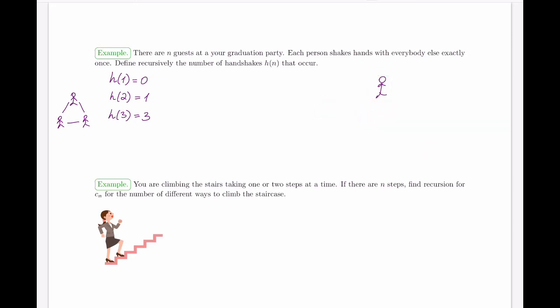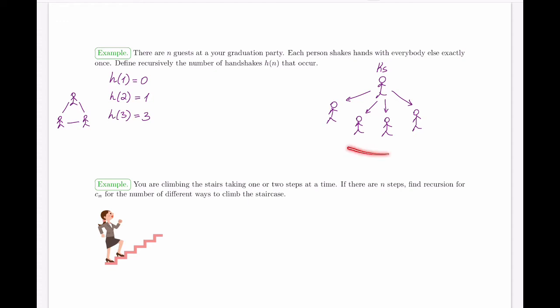So let's say there is one particular guest at the party. Let's call her Ksenia. How many handshakes is she going to have to perform? Well, if there are n people altogether, so let's say there is a bunch of other people, what is going to actually happen is that, first of all, she's going to have to shake hands with everybody else.